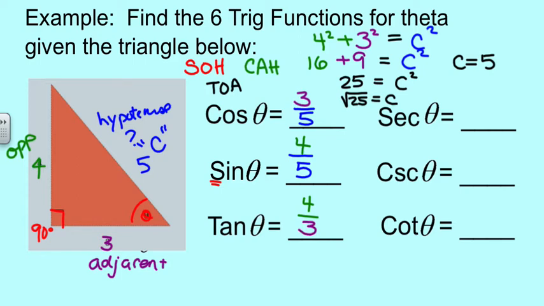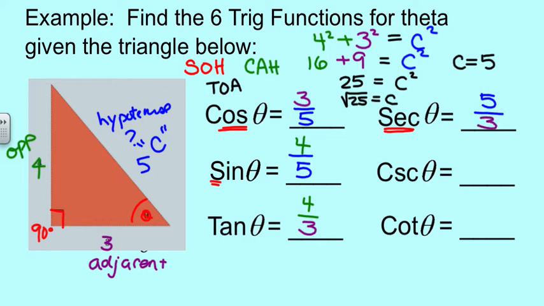Now what we've done is we found the 3 big trig functions. To find the next 3, I'm going to just flip-flop the ones on the left. So to find the secant, I'm going to flip-flop the cosine. So now I'm going to go 5 over 3.